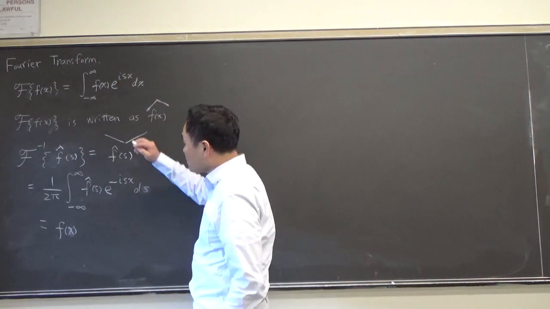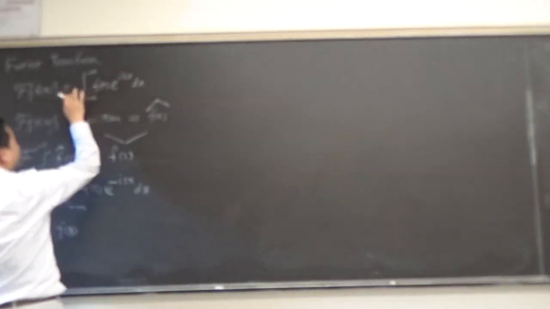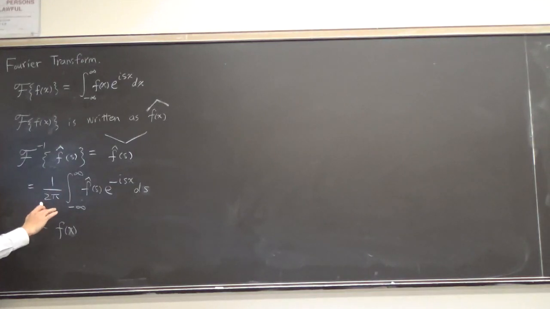Now, there are some other conventions. Sometimes people put 1 over square root of 2 pi here, so that the inversion will just have 1 over square root of 2 pi. That makes the Fourier transform and its inversion look very similar to each other. But we'll follow this one.